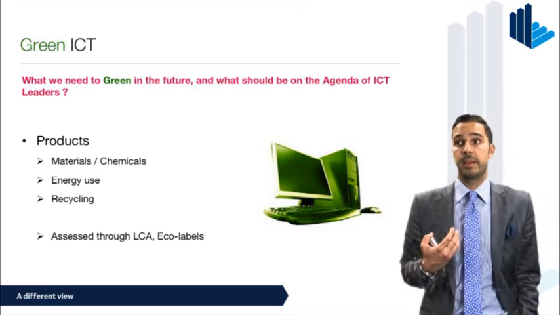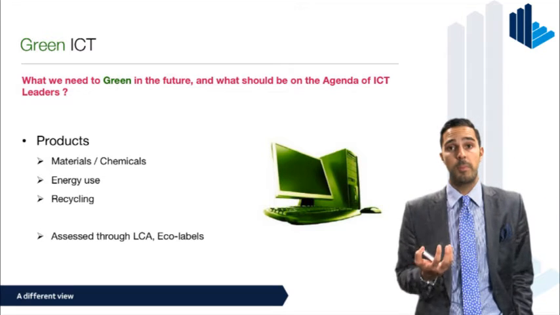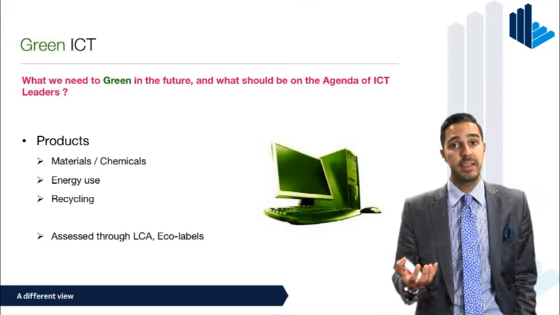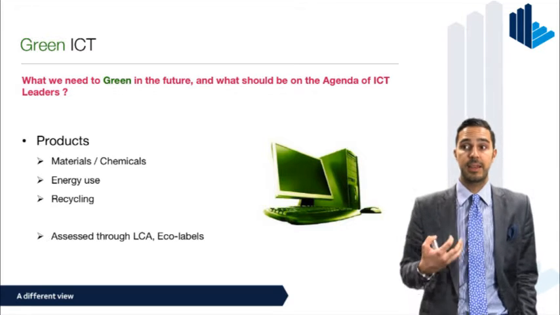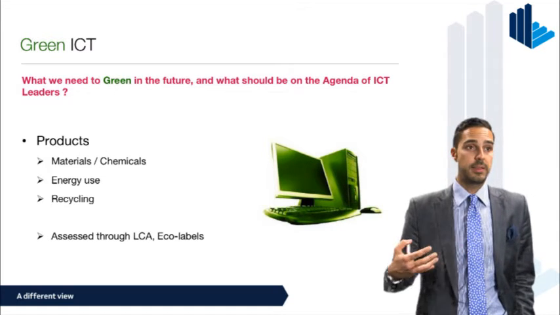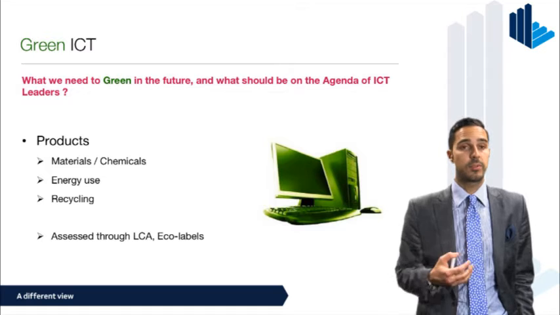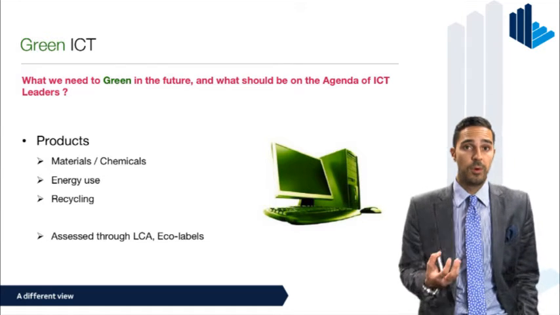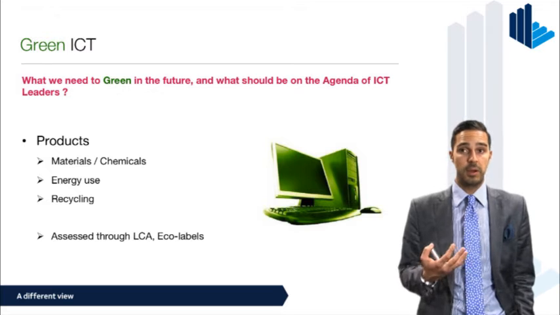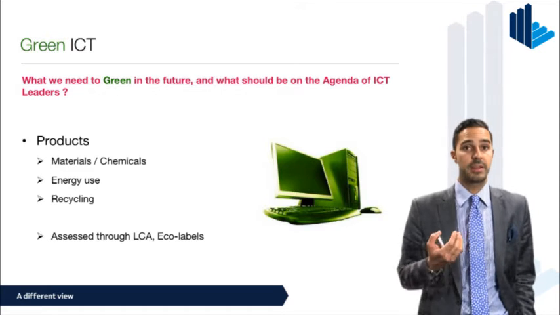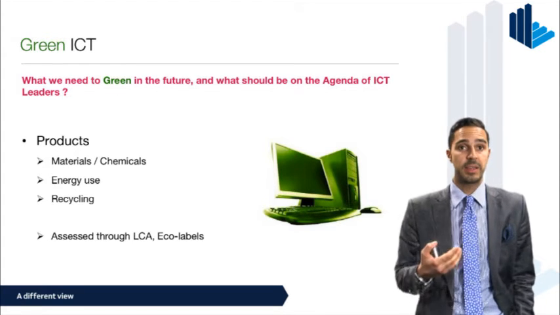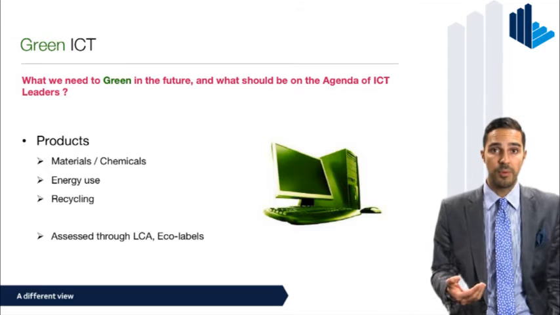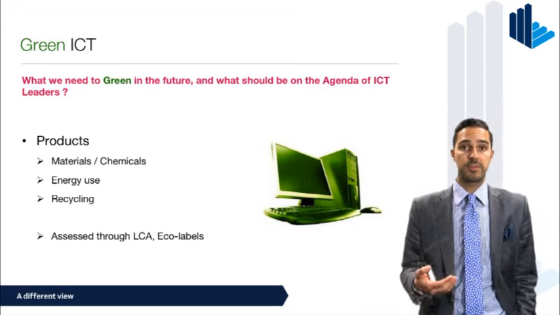How basically companies, the ICT industry in general, can engage in this sustainability journey in order to become more sustainable. First of all, an emphasis should be on products, and by trying to improve the sustainability of the products offered.